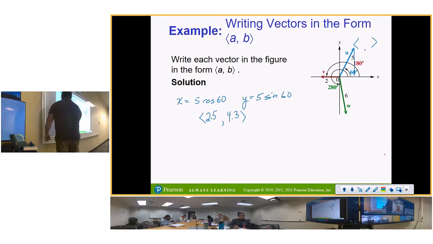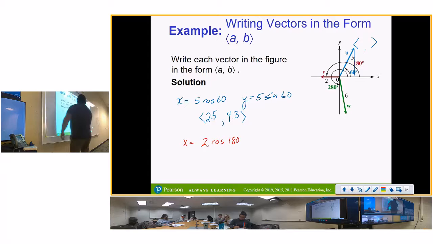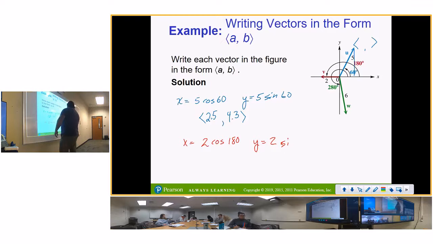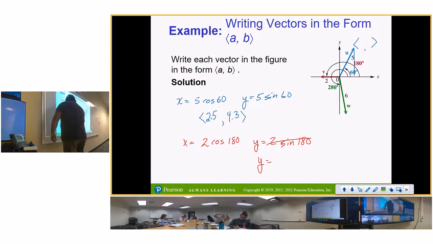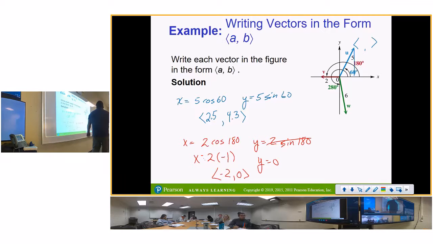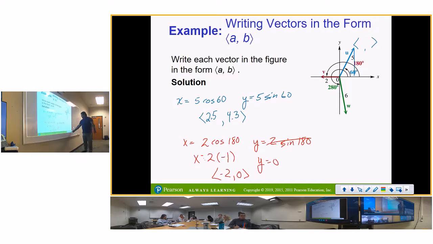So, x is equal to 2 cosine of 180, which is going to be -1. And y is going to be 2 sine of 180. And you know the sine by the unit circle takes that out. So y is equal to 0. And x is equal to 2 times -1. So -2, 0. All right, now do the green and verde.